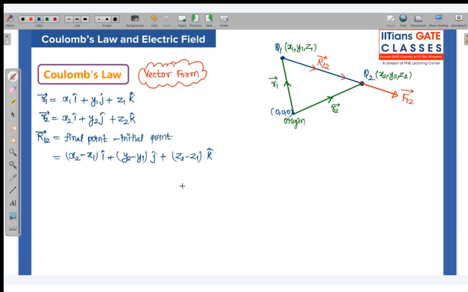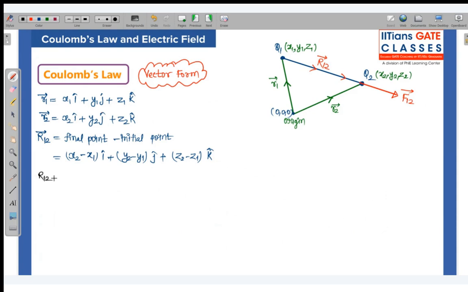Now when we want to write the force, what will be the value of force? Because we want to tell it with the direction, according to what we know, it should be k q1 q2 upon r square. So what is the r square? That is nothing but the distance between them. So we need a distance, and this is in the vector form.